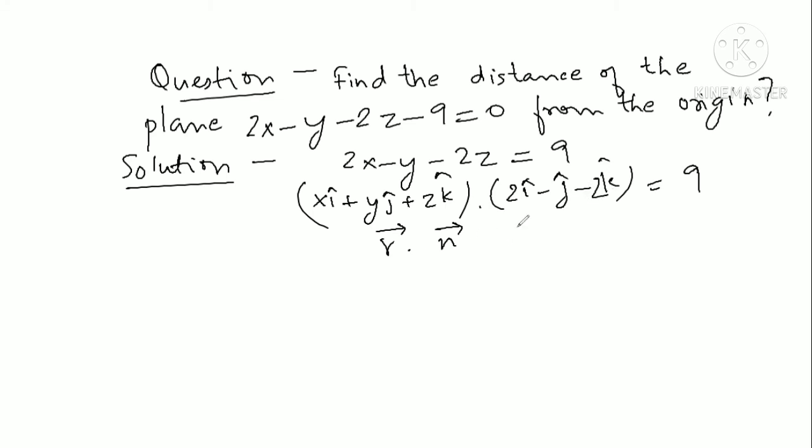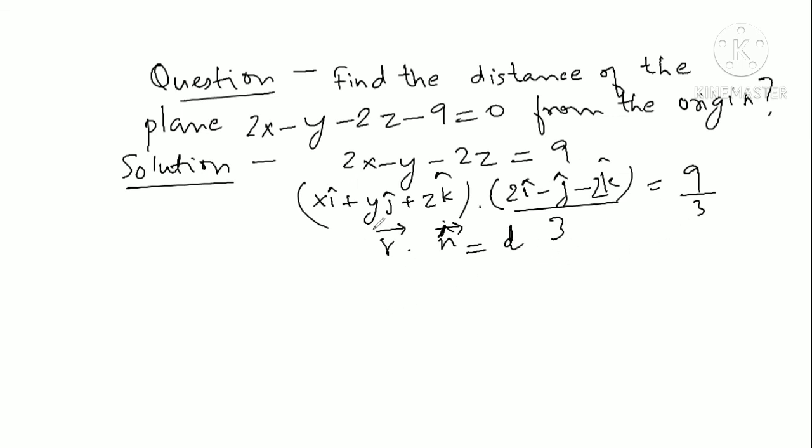See, n is a unit vector, so we must divide this vector by 3, because the magnitude of this vector is 3. So if we are dividing the left hand side by 3, we have to divide the right hand side also by 3. So r vector dot n cap is equal to d.